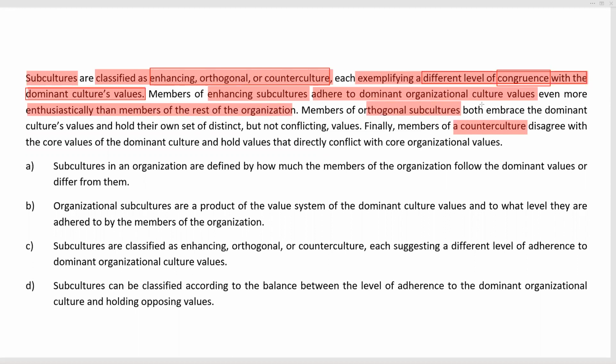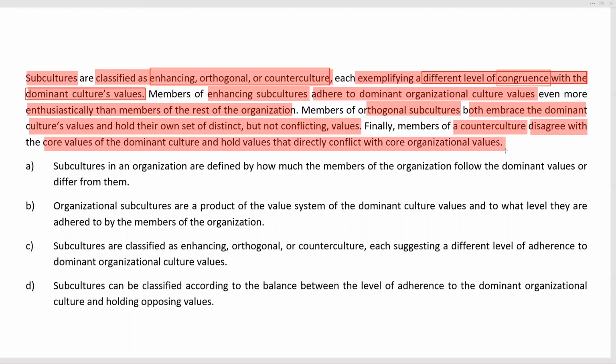Members of orthogonal subcultures both embrace the dominant culture's views and hold their own set of distinct but not conflicting values. Finally, members of a counterculture disagree with the core values of the dominant culture and hold values that directly conflict with the core organizational values.